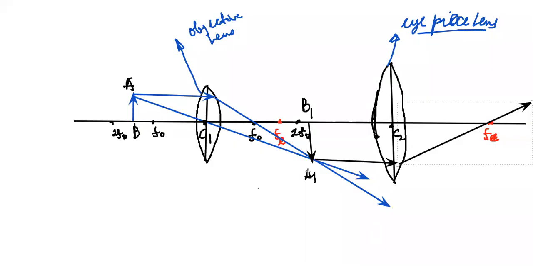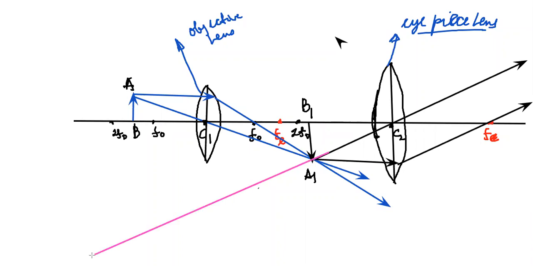So if I draw this, it will be something like this. If I pull it backward, the final image that will be formed will be something like this. So this will be the final image formed.